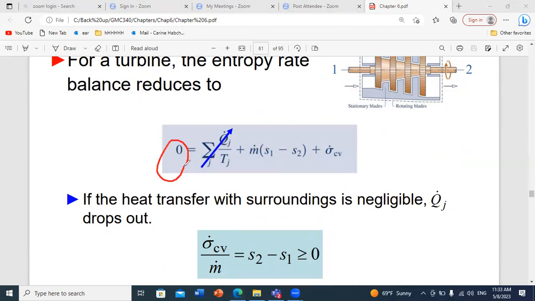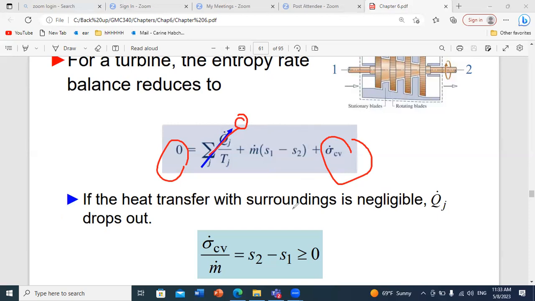This term will cancel out. Equals the sum of Q dot over T plus m dot (s in minus s out) plus sigma dot. This is the entropy production. And this term is 0 because we know that for the turbine, it's an adiabatic process, so this term will cancel out.